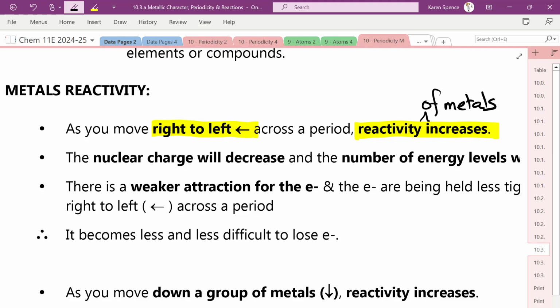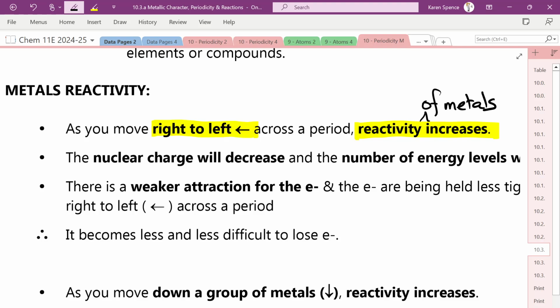They lose electrons. Why would they be better at losing electrons as we go to the left? Obviously, there's more metallic property, but what is that based upon? There's fewer protons, so they hold their electrons less tightly, so they'll be more reactive. It's easier for them to give away their electrons the further left you go.